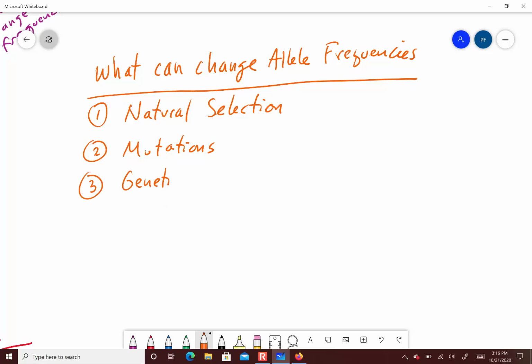Okay, something called genetic drift. We had this in the pre-lecture. Genetic drift is the random loss of alleles. So this would be things like natural catastrophes. If a volcano erupted or a hurricane hits a small island, then the things that are not going to make it through those events, that's random.